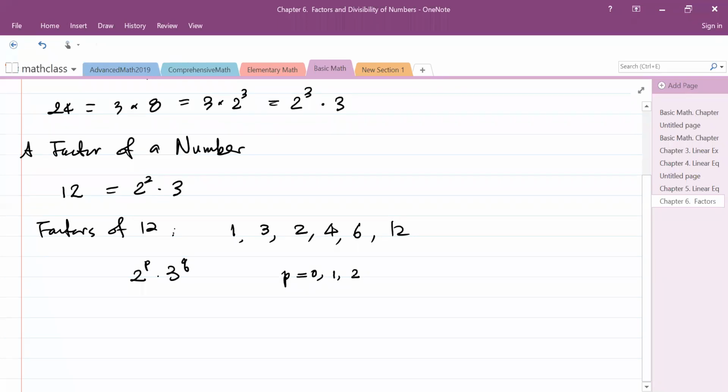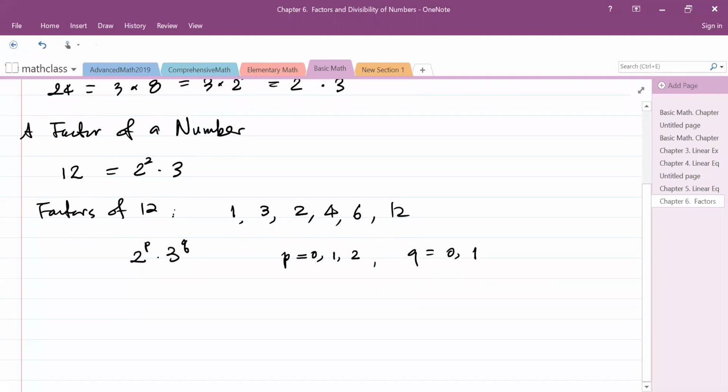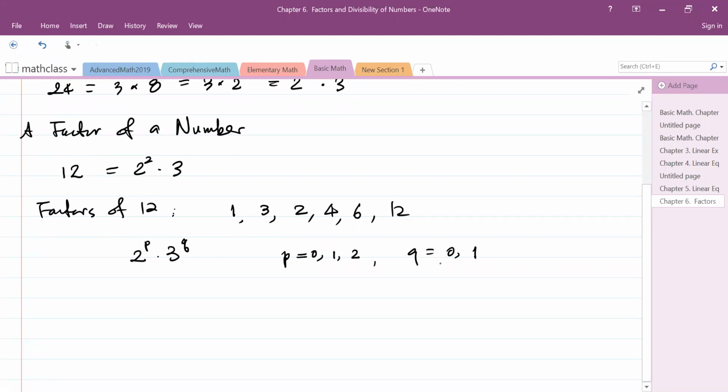And since 12 has only one 3, q could be 0 or 1. So you have 3 choices for p and 2 choices for q. A factor in the form 2 to the p times 3 to the q has a one-to-one correspondence like that.